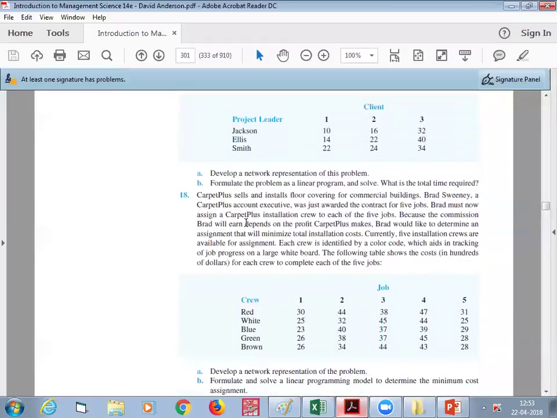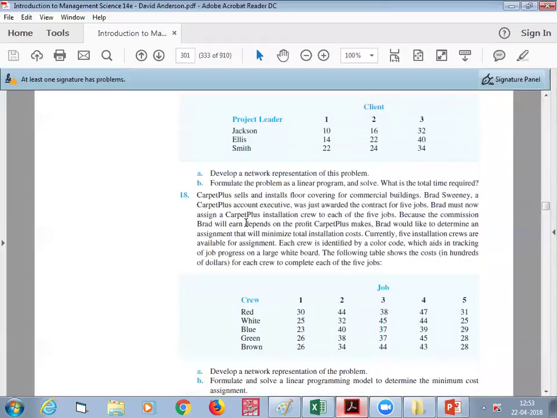So what does it say? Carpet Plus sells and installs floor covering for commercial buildings. Brad Sweeney, a Carpet Plus account executive, was awarded the contract for 5 jobs. That was 1 to 5.